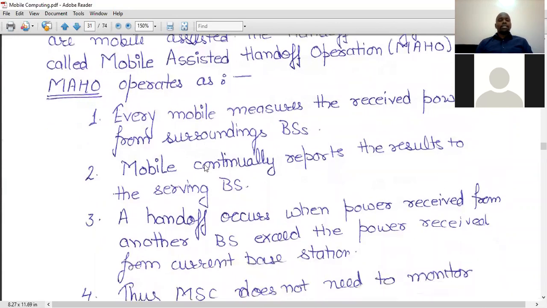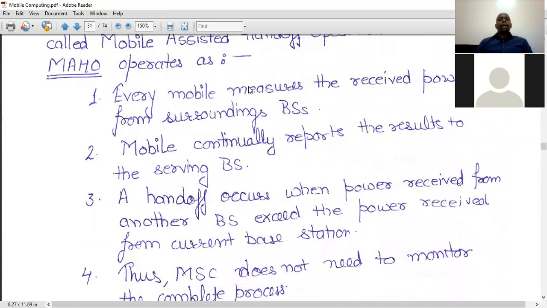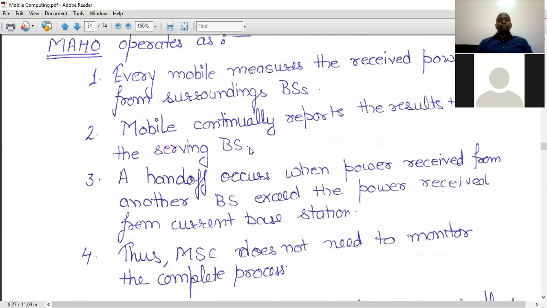So how does that work? In MAHO, this is what happens. Every mobile, at every single point when it has a connection, measures the power from surrounding base station controllers. What does that mean?